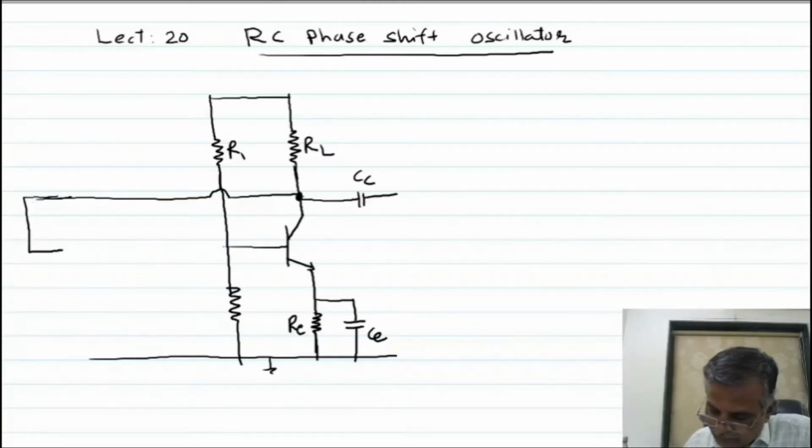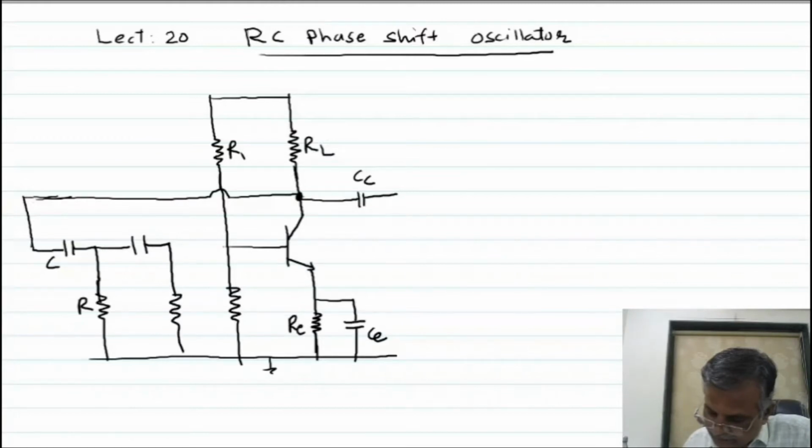It is given to the feedback network. This is one RC network, second RC network, and third RC network.